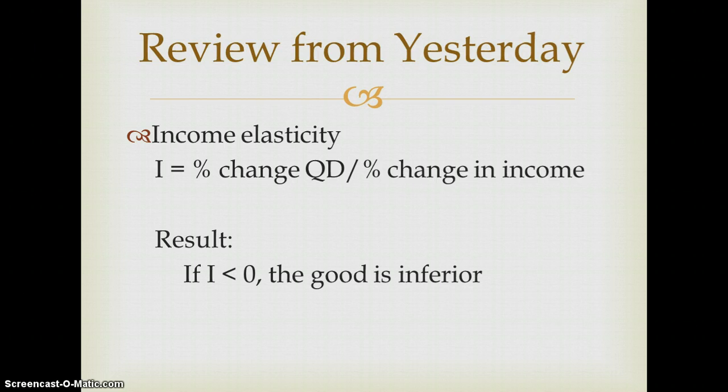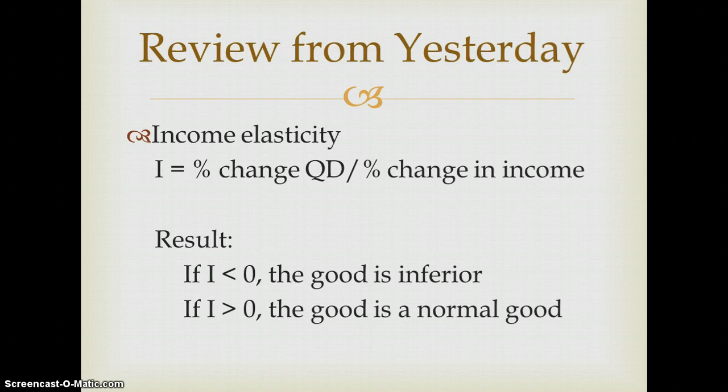And we also figured out that if E was less than 0, we had an inferior good, meaning that as your income went one direction, the quantity that you consumed went the other direction. And of course that meant that if E was greater than 0, it is a normal good. Alright, that's a review from yesterday, nothing new there, but just a good thing to kind of refresh our minds about. New stuff, and I have put in bold anything that I would like you to take notes on, so please follow along.